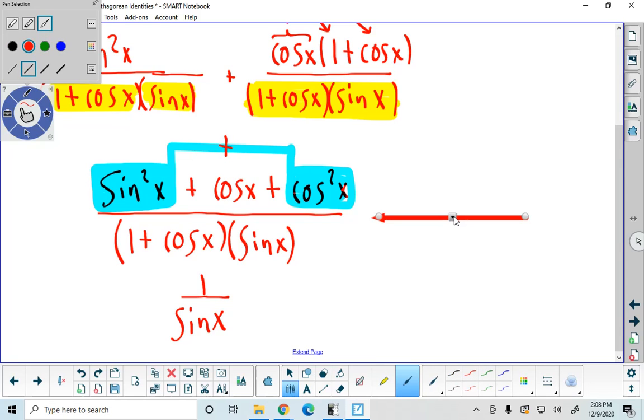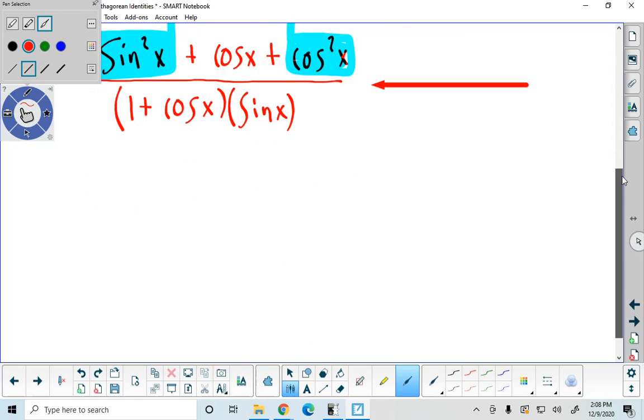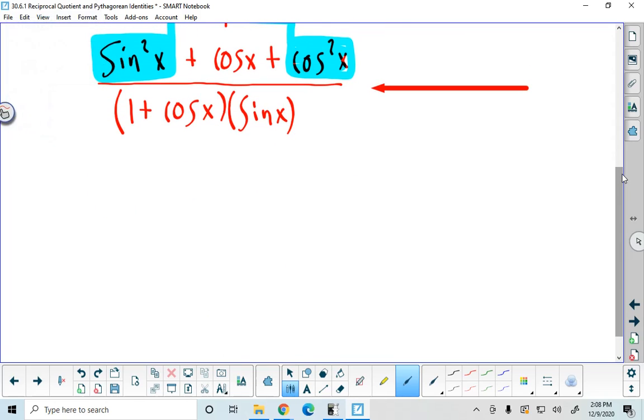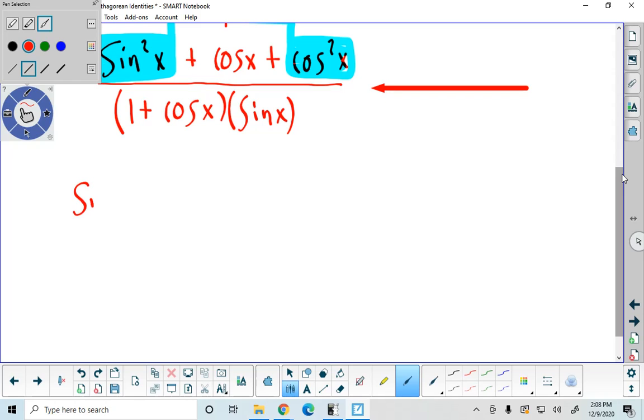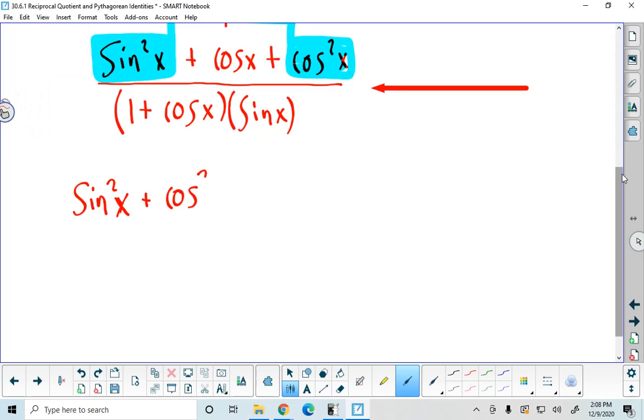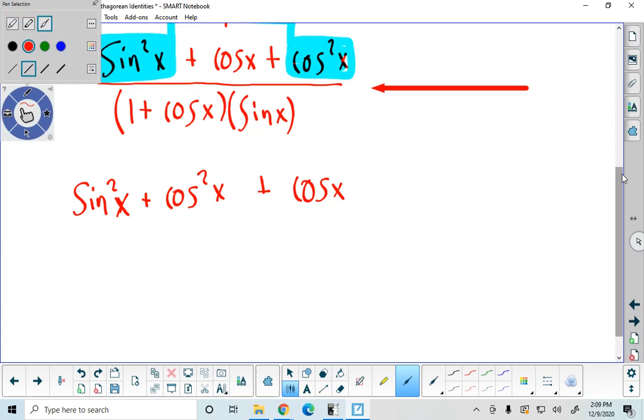In other words, I can rewrite this top as sine squared of x plus cos squared of x plus cos of x. So I've rearranged the order in which you write these.